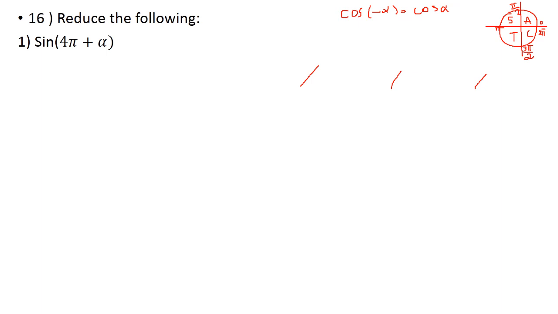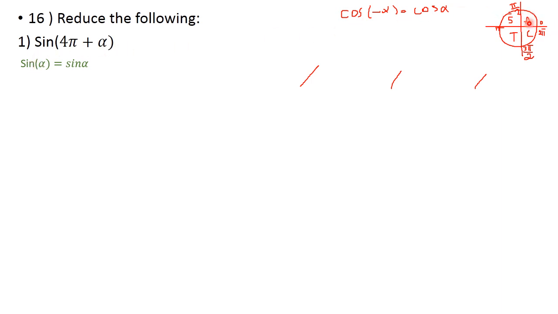Okay, now let us start with the first one, which is sine 4 pi plus alpha. You know that 4 pi takes you again to 2 pi, so we can say that 4 pi is 0. So the only thing that's left is sine alpha, and sine alpha is in the first quadrant, which is all positive, equals sine alpha.